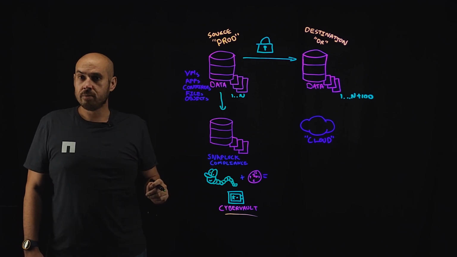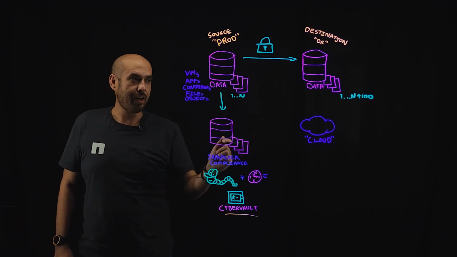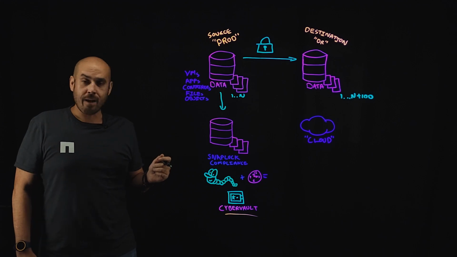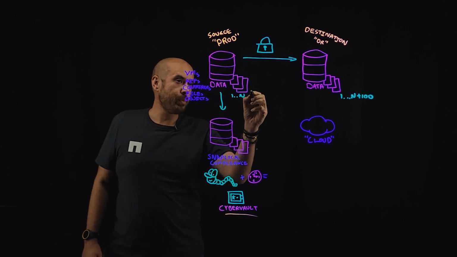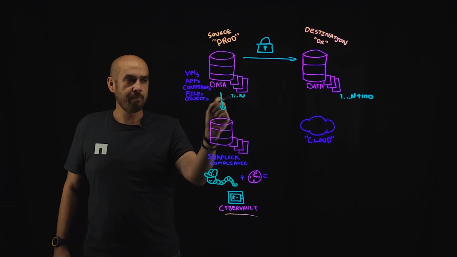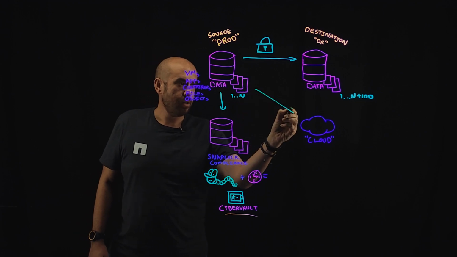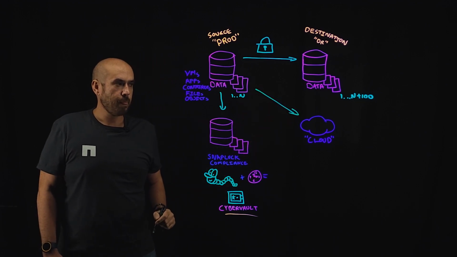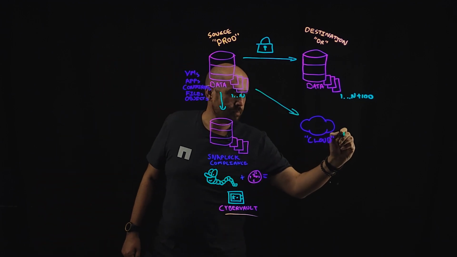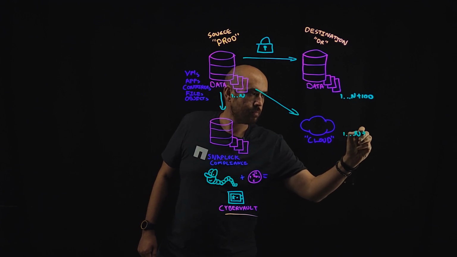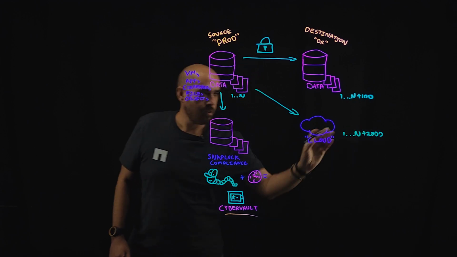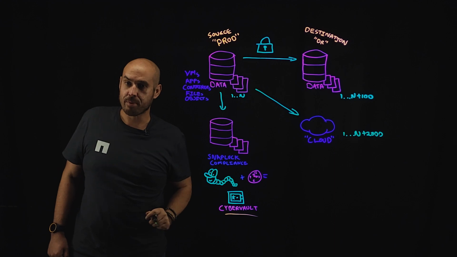What's our options? Well, how about if we go to the cloud? With NetApp technology, you can replicate, again, the data and its snapshots to the cloud, and you can retain those 2,000 or more snapshots that you require.